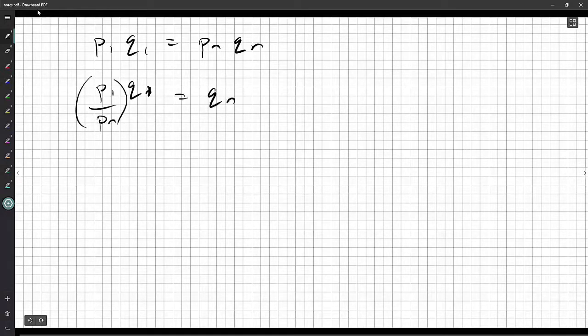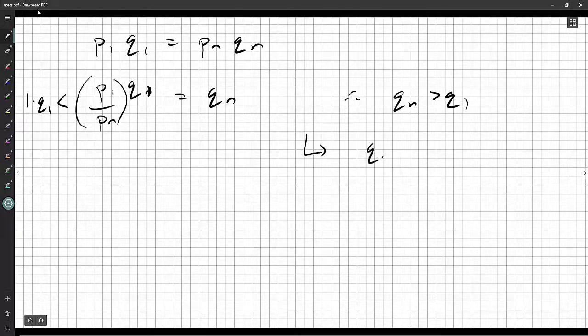So then we know this is true if I divide both sides by Pn. We get this nice relationship. And so that means that Qn must be greater than Q1.